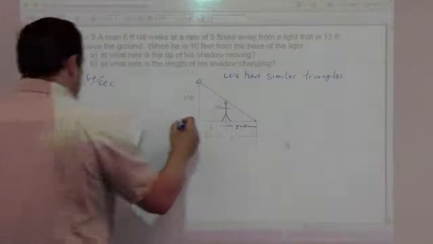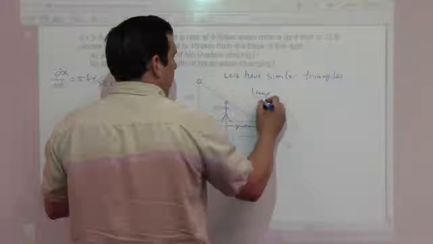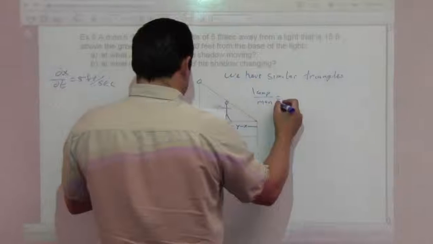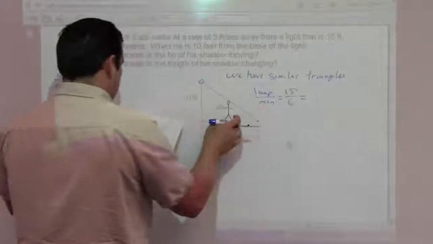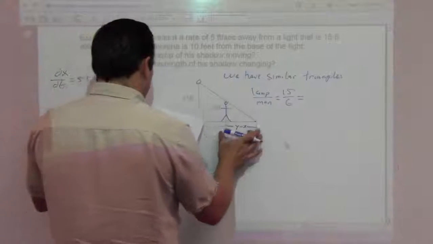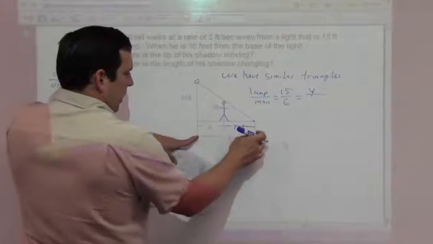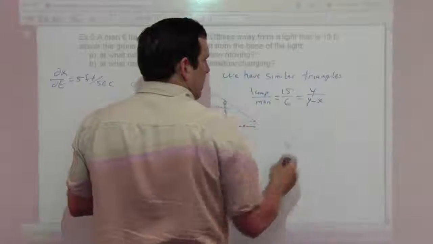So in that case, lamp on top and the bottom, 15 over 6 equals this distance, which is y, over this distance, so that base of the triangle compared to that base, over y minus x.